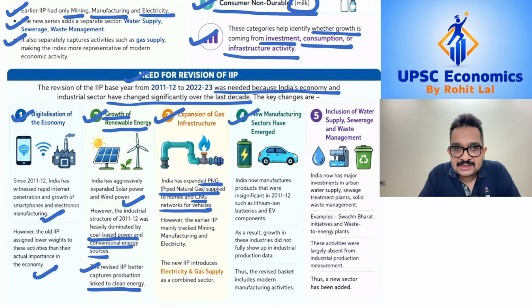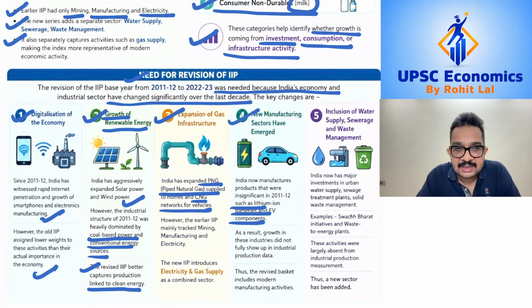Fourthly, since 2011-12, there has been an emergence of new manufacturing sectors, or items are getting manufactured now in a greater quantity which were not very significant in the earlier time. For example, once India started adopting electric vehicles more significantly, we witnessed a rapid growth in the manufacture of lithium-ion batteries as well as EV components.